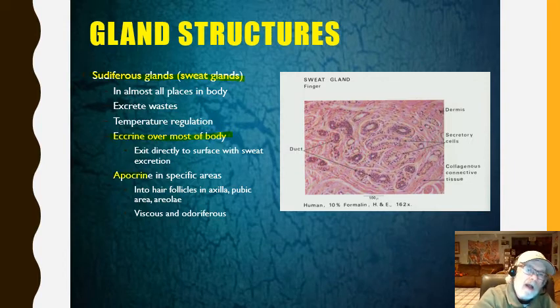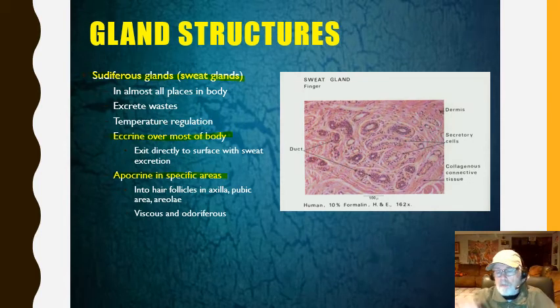Apocrine sweat glands are a little bit different. They're a little thicker, a little more viscous. We find apocrine sweat glands in locations such as the axillary region of the armpit, the groin creases, and around the anal region.